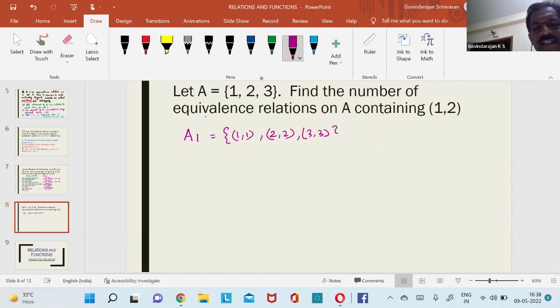This is an equivalence relation containing the smallest number of elements from the set A. It is reflexive, symmetric, and transitive. Do you agree, all of you? Any difference of opinion or anything else you can discuss here? This relation is reflexive, symmetric, and transitive.